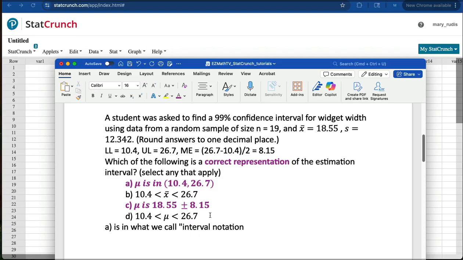When we look at the last statement, we're saying 10.4 is less than mu is less than 26.7. Again, since that is a statement about mu and that is your lower and upper limit, that would also be a correct way of expressing our confidence interval.